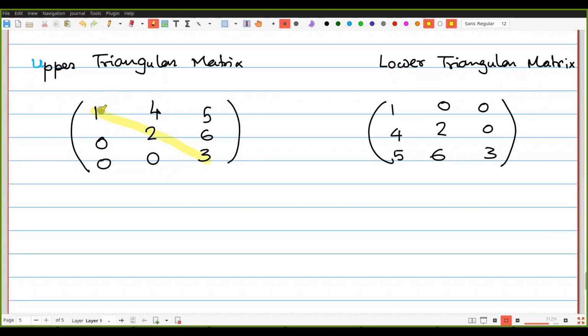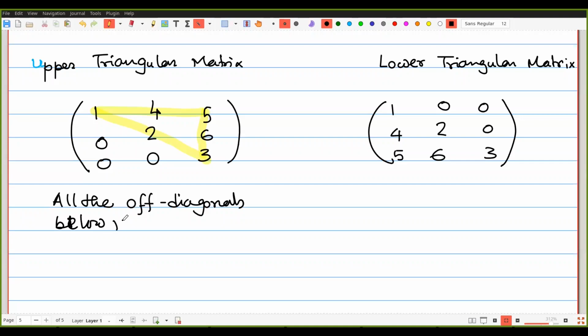Now look at another thing. Here, all the off diagonals below the principal diagonals are 0.